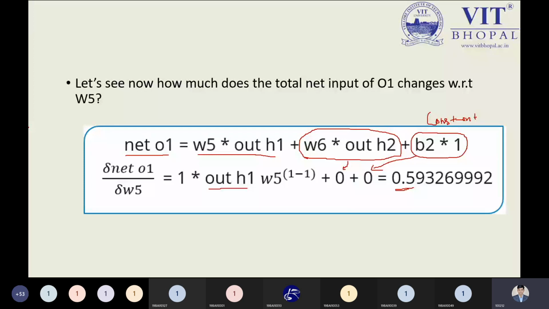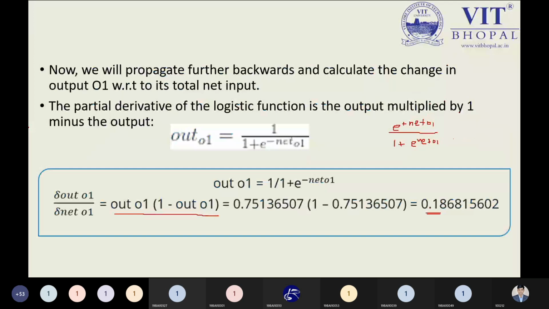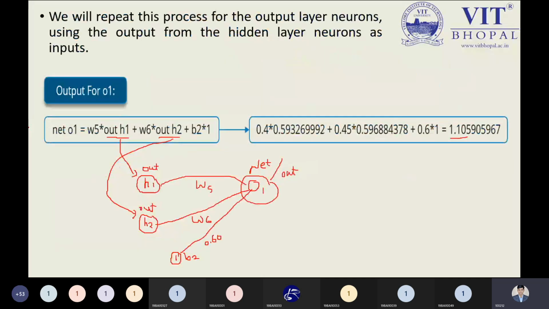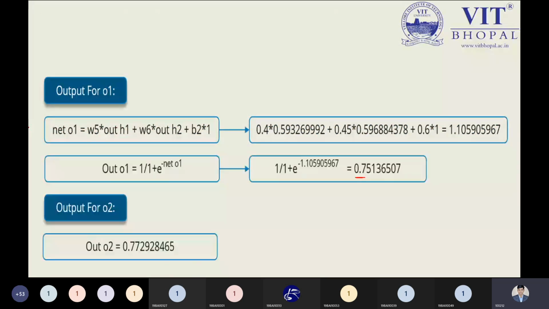How are we getting the values? We need to choose the appropriate equations as we have used. So for betterment, I'm moving back to the right. Net H1 we have calculated, then we have used net O1. So net O1 is our equation where we have used W5.